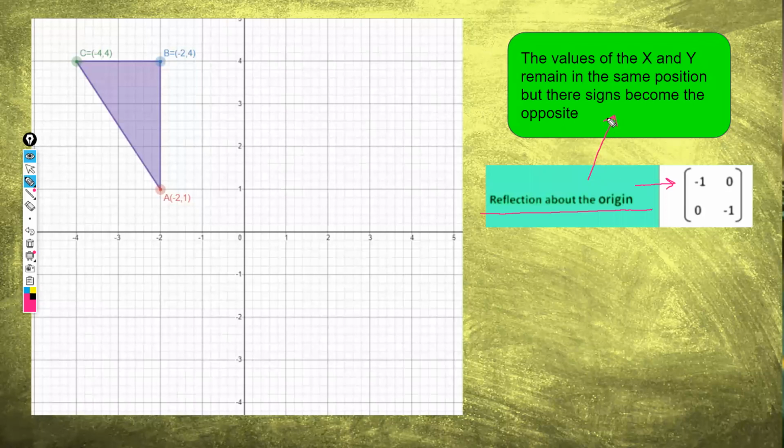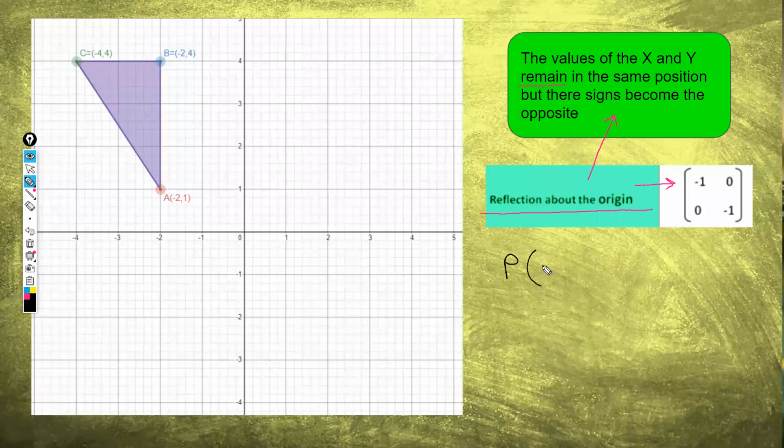Now let's pay attention to the instructions. To do a reflection about the origin, or sometimes they use the word through the origin, both of them are the same thing. The values of x and y remain in the same position, but the signs become the opposite. So let me do my made up example.